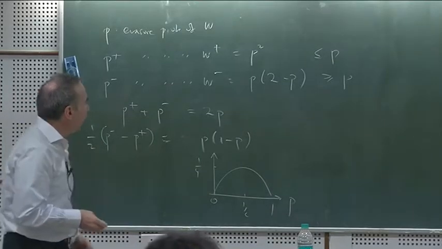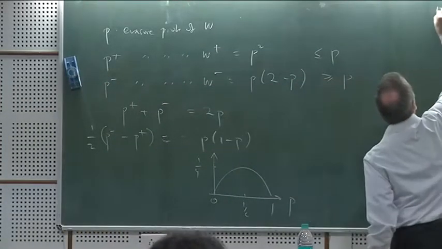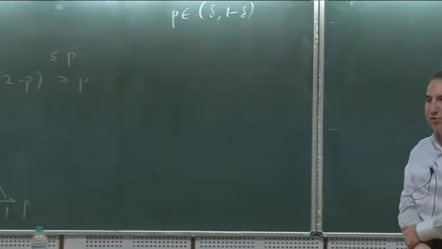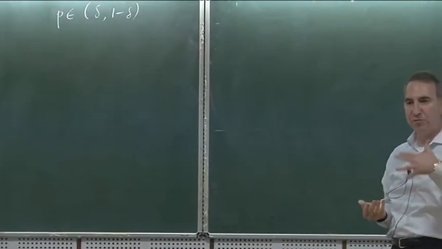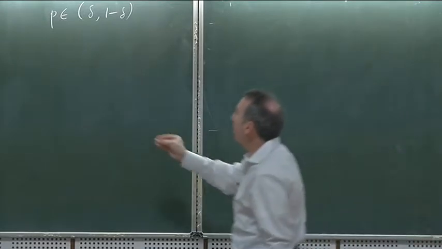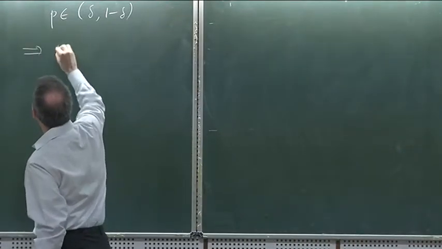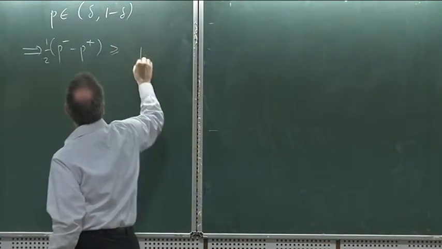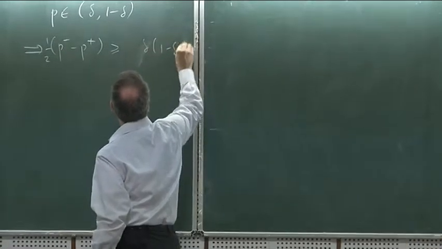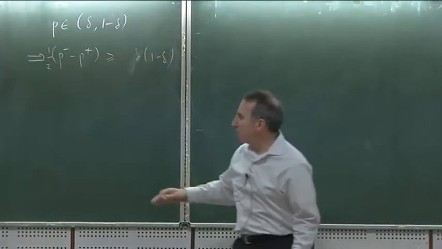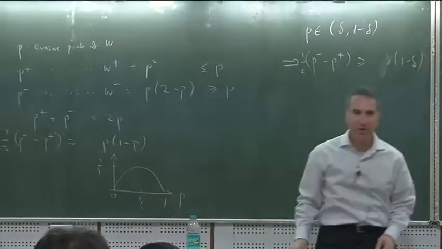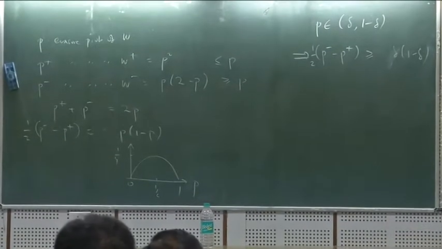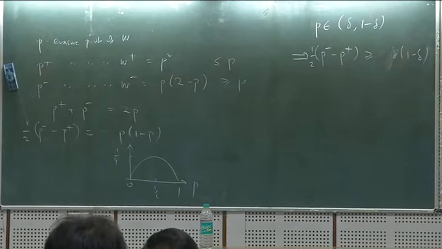Indeed, you have the following thing: if you start with a P which is strictly away from the 2 extremes, between delta and 1 minus delta, then the difference between P minus and P plus is at least as big as delta times 1 minus delta, because the smallest possible value of the discrepancy happens at the 2 ends, which, in either case, is delta times 1 minus delta.